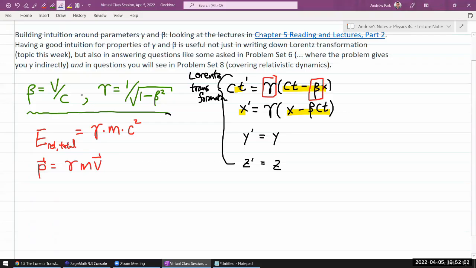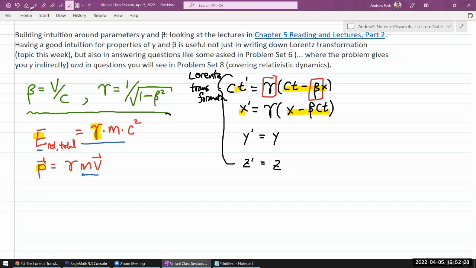So you can kind of see the hint of the non-relativistic approximation here. It's a little bit harder to see here. I'll leave that for next week. But for now, what I can say is that there's a really intimate relationship between energy and momentum, which are very important dynamical quantities, and gamma.